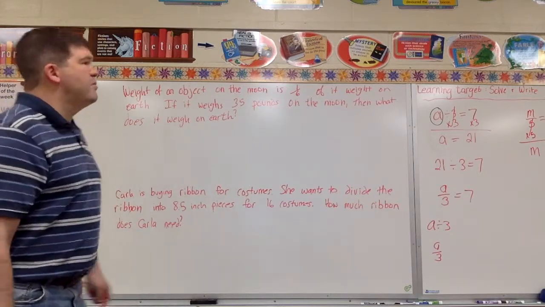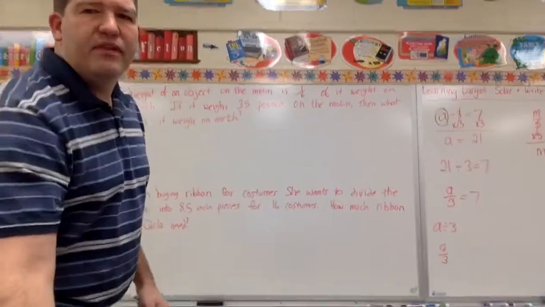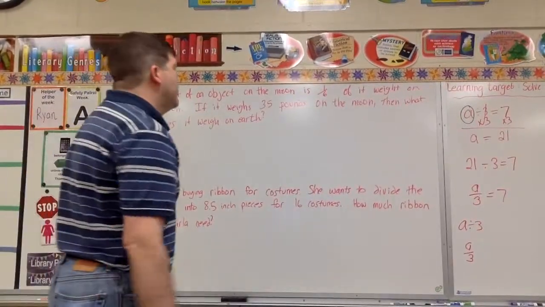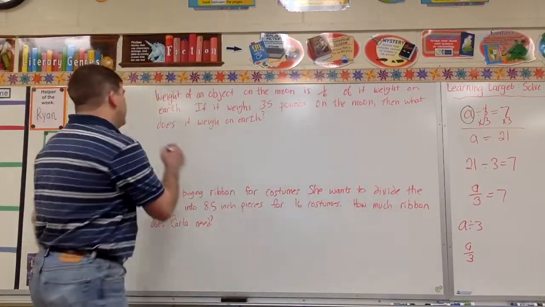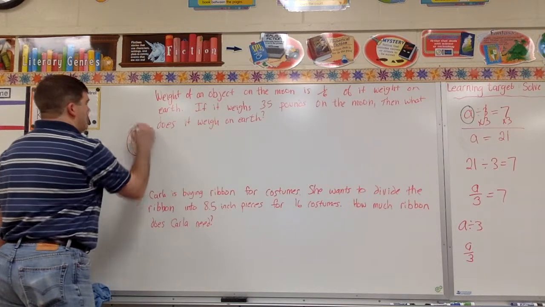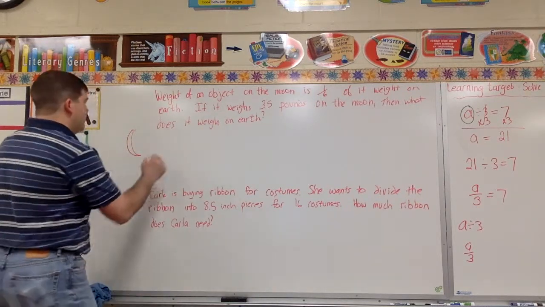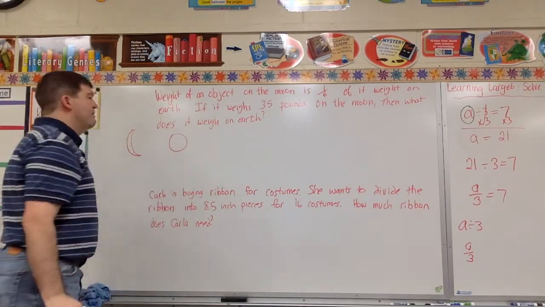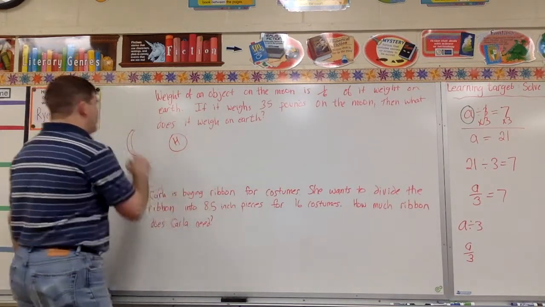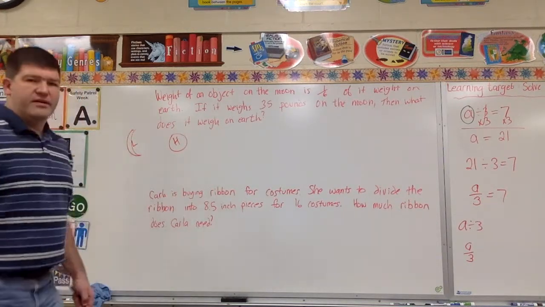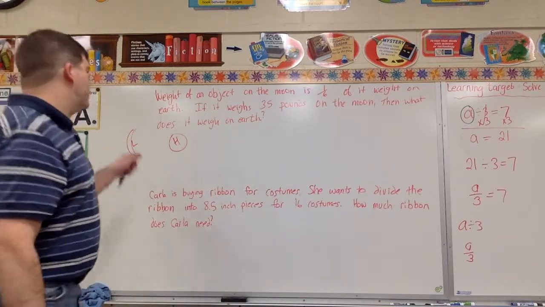Weight of an object on the moon is 1/6 of its weight on Earth. Okay, so if it's 1/6 of its weight on Earth, we have the moon there, we have Earth here. This is going to be heavier, this is going to be lighter, okay? Because it's 1/6.